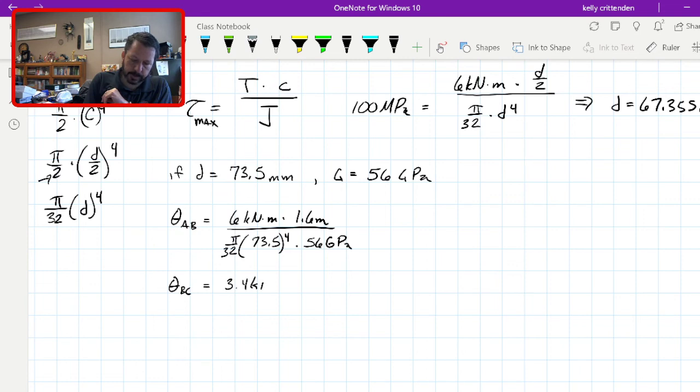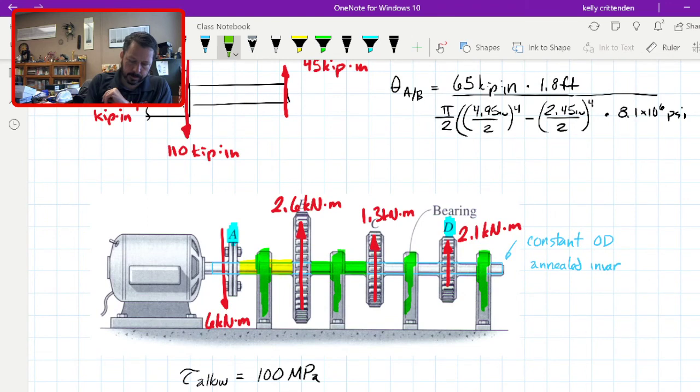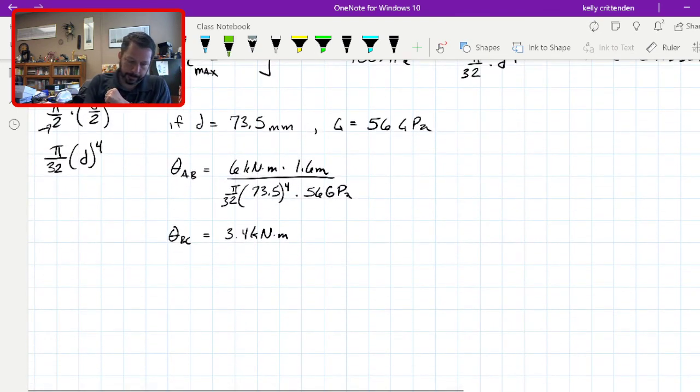If you're unsure about where the 3.4 comes from, draw the free body diagram in the middle of section BC, and add up 6 minus 2.6, and you should get 3.4. The length is the same as the other one. The denominator is the same also.